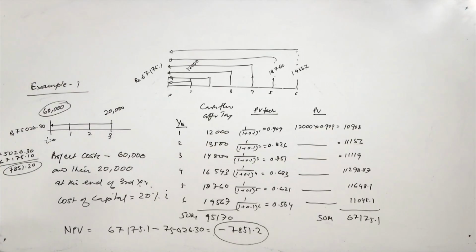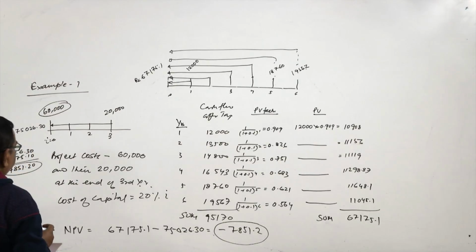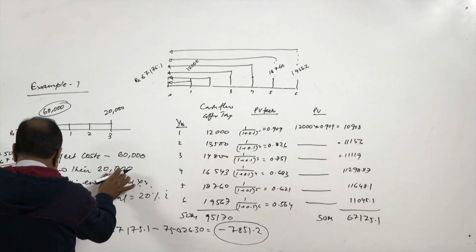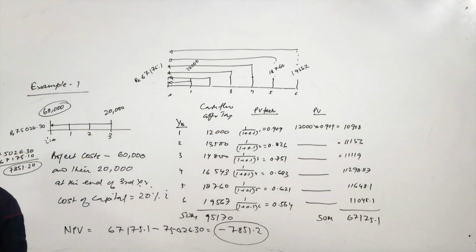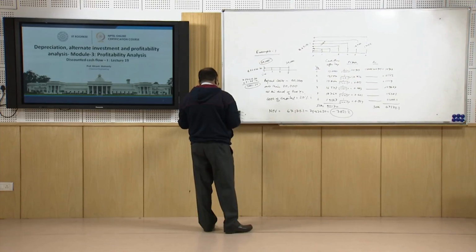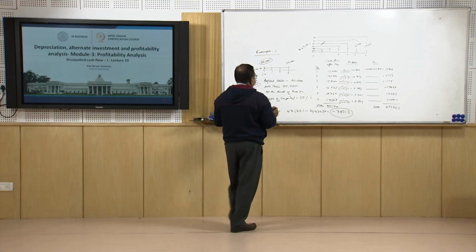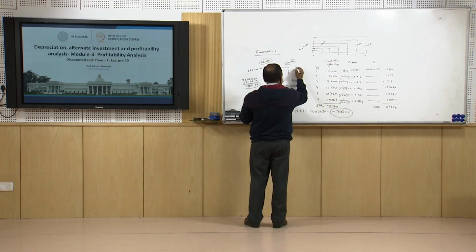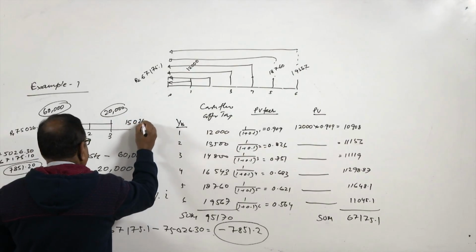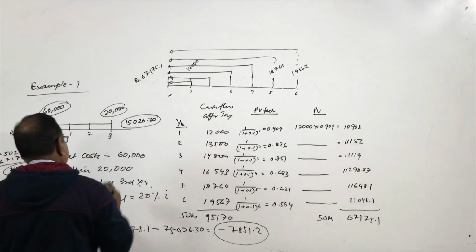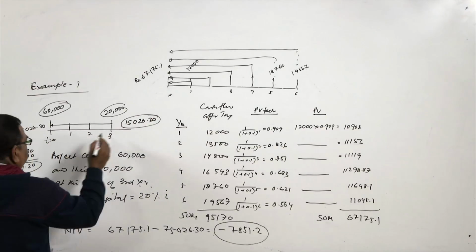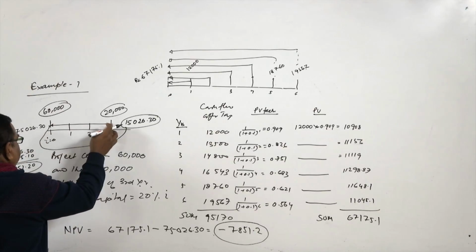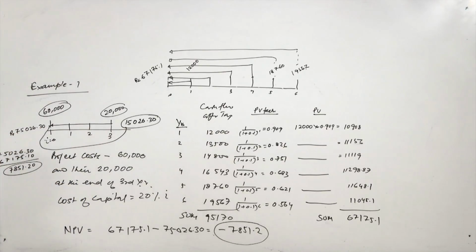Now if we see the investment, what we have done here, the cost of the investment comes out to be, this investment costing me here is 15,026.30. That is, this is the value here if I transport this to present value.